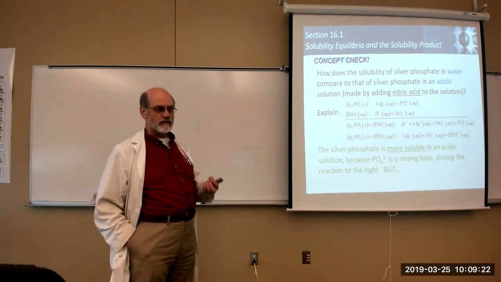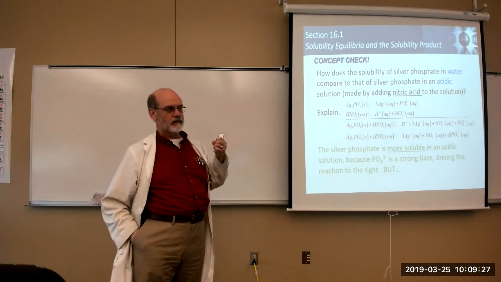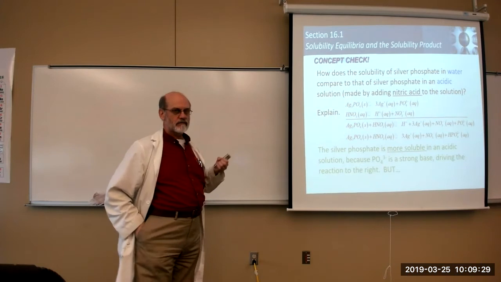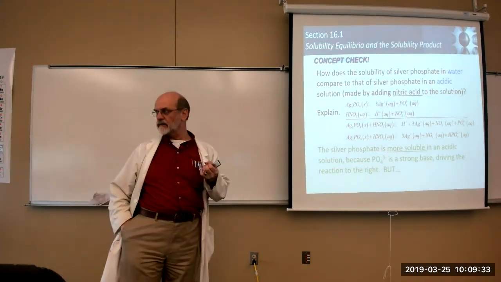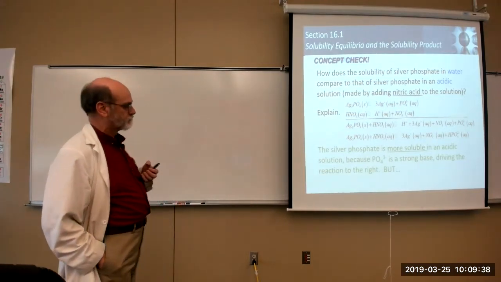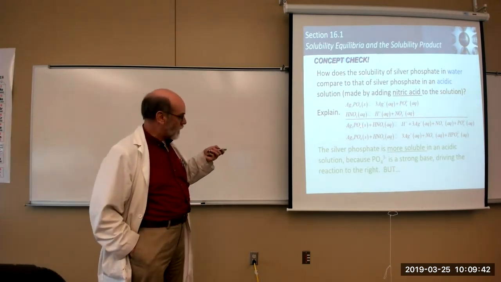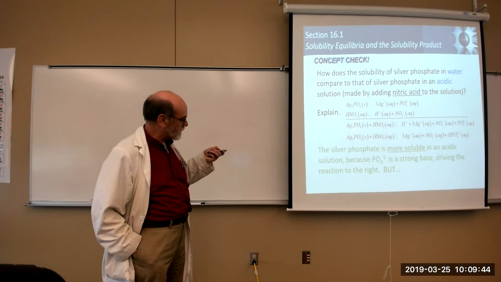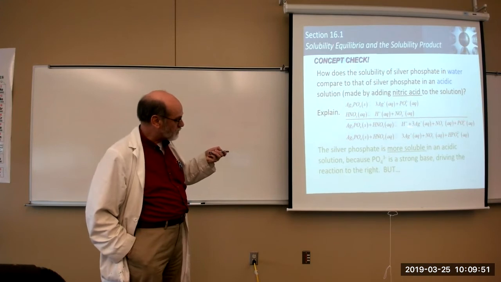So nitrates, sulfates, sulfites, phosphates, chlorates, chlorides, hypochlorites, perchlorates. Those are all oxyacids. So that extra acid helps separate more silver. It puts more of this in solution simply because we are removing that from solution by combination with the proton.